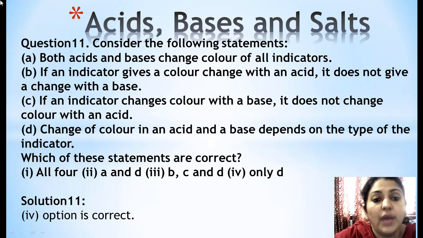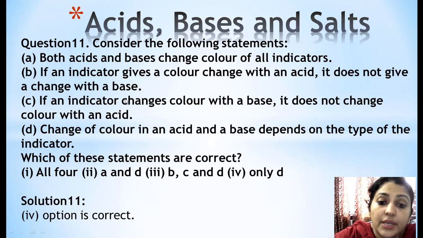For example, if you add methyl orange to a base, it will show yellow color, and when you add methyl orange into an acid, it will show red color. Okay. Now, if an indicator changes color with a base, it does not change color with an acid. It's not like that. If an indicator changes a color with a base, it can change the color with an acid also.